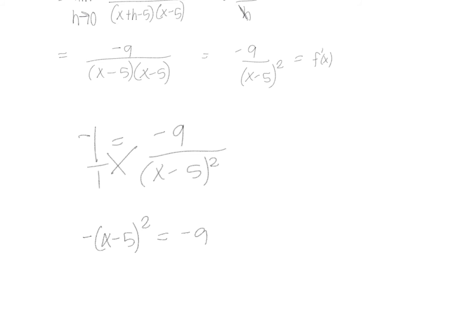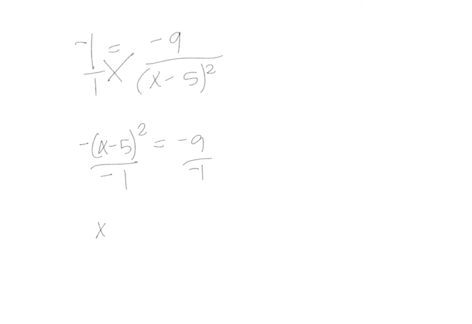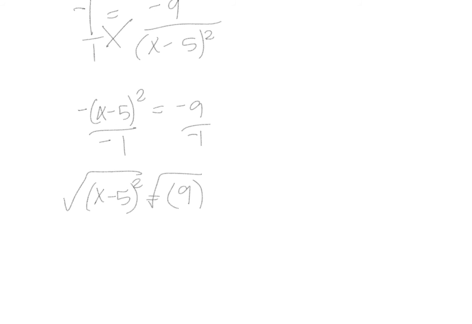Well, now I'm going to divide both sides by -1 and isolate the x minus 5 squared. And so you can take the square root of both sides to get rid of the squared, and that will leave us with x minus 5 equals plus or minus the square root of 9, which is 3.